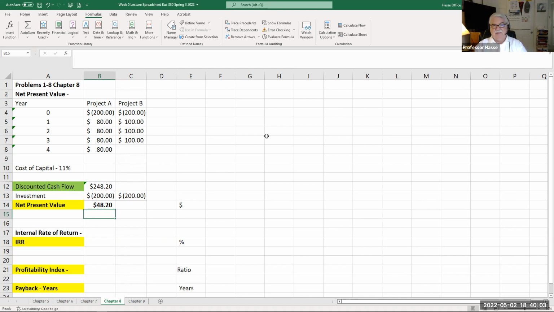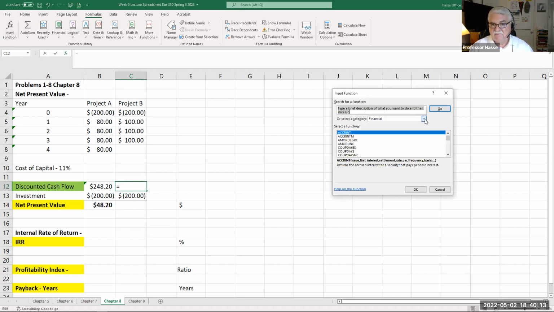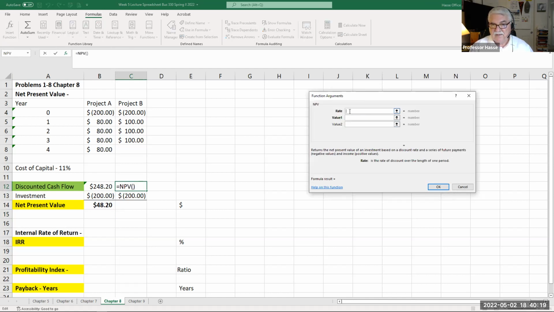Now let's do the same thing for Project B. What is its net present value? What's the discounted cash flow? Again, at 11%. Formula, function, financial, net present value. Again, the rate is still 11%.